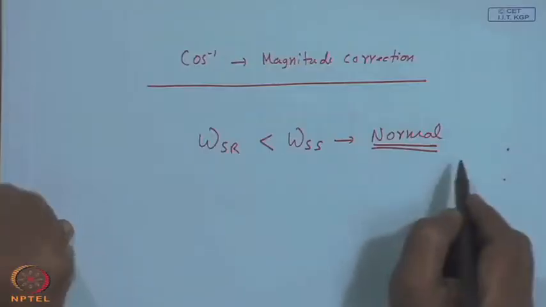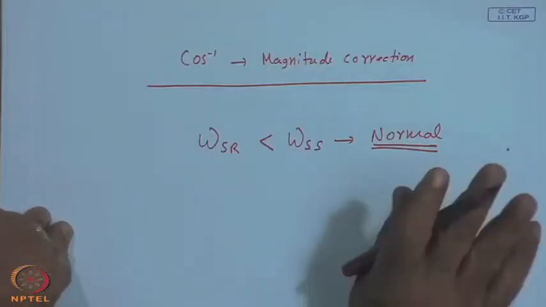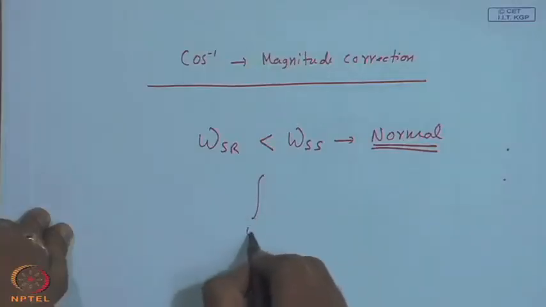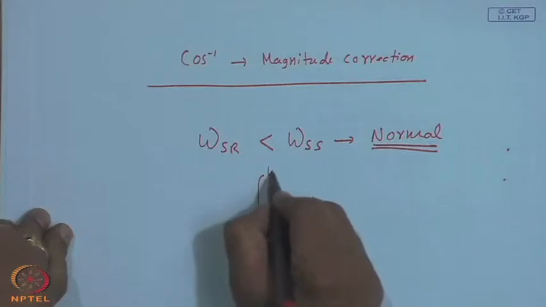So, I may have omega s r to be minus 82 and omega s s to be minus 60, still my condition is satisfied. Same thing is true even if they turn out to be both positive, where omega s r is lower than omega s s. So, as long as this number game is satisfied, it is a normal period and integration is from omega s r to omega s s.